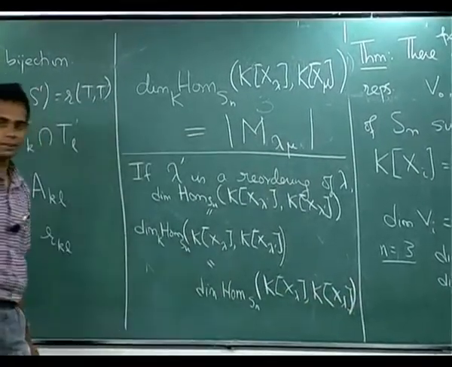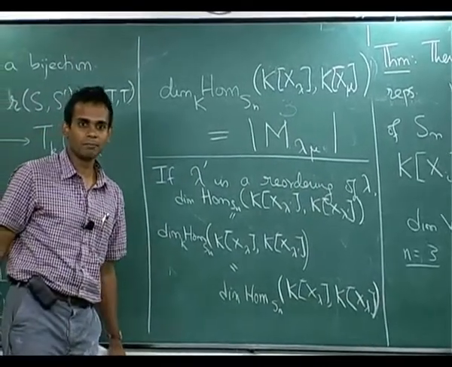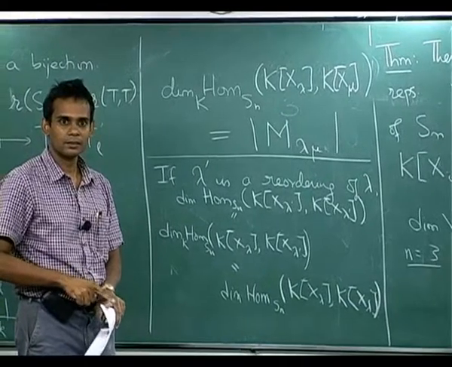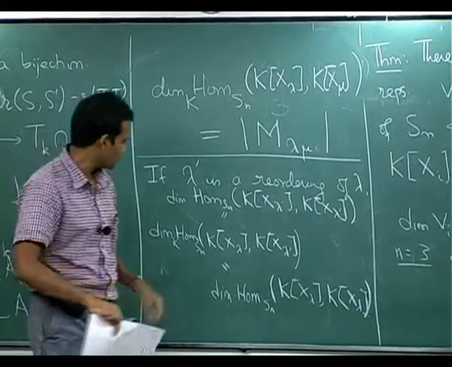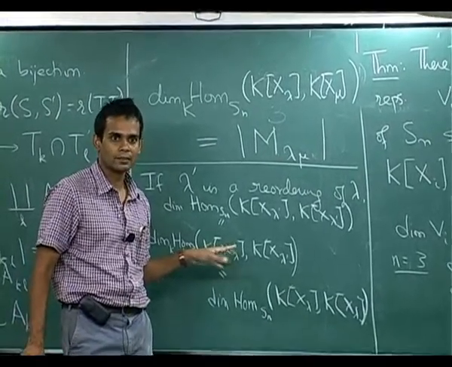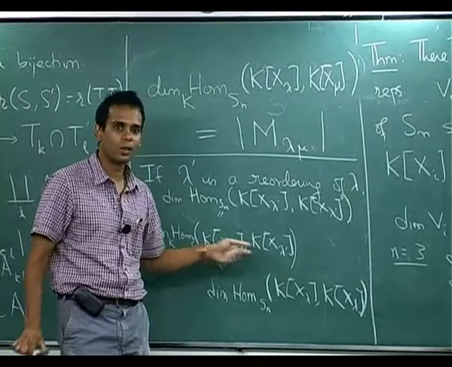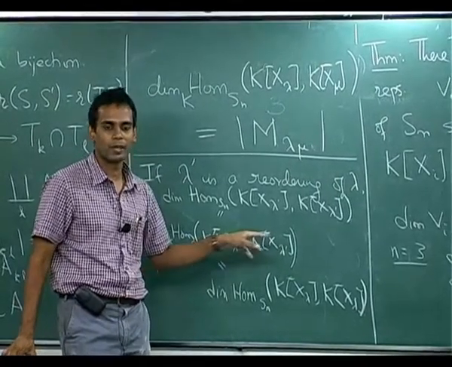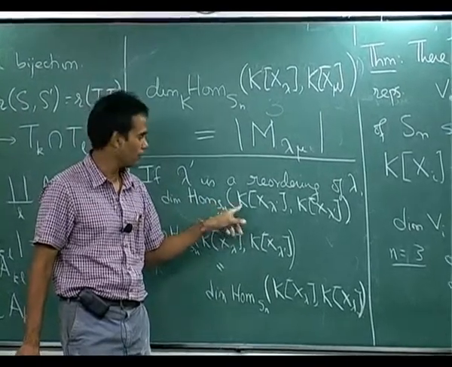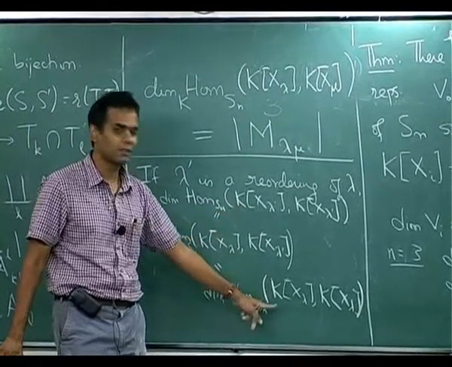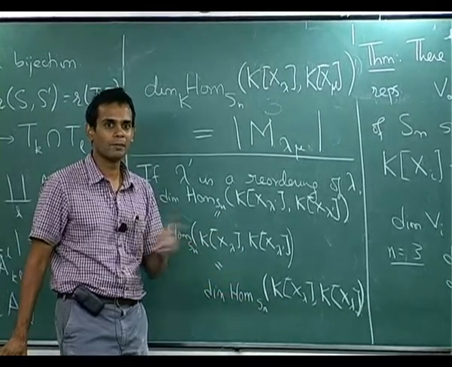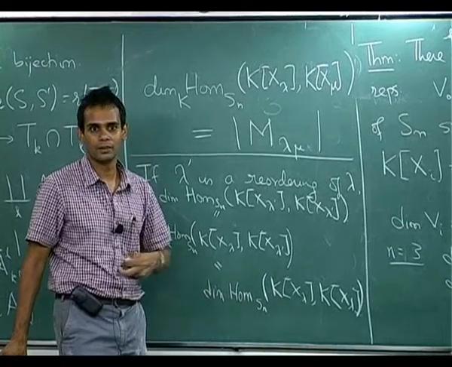Do you know what this means? In the completely reducible case, suppose you write down the multiplicities of the simples as vectors, then this is the dot product of the two vectors corresponding to lambda and lambda prime. That's the same as the norm of the vector corresponding to lambda prime, and that's the same as the norm of the vector corresponding to lambda. So you have two vectors whose dot product is the same as each of their norms, and that means that they are equal.